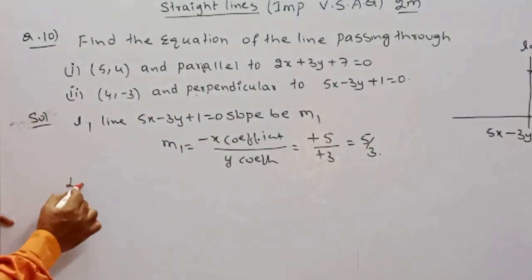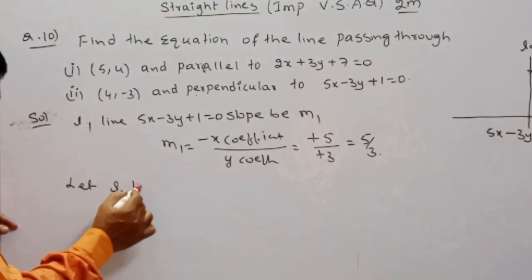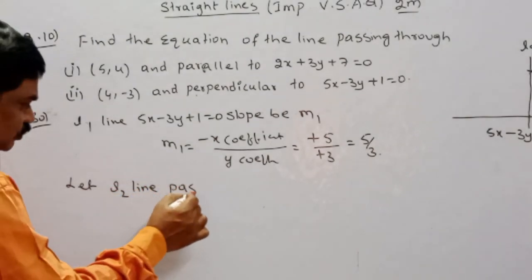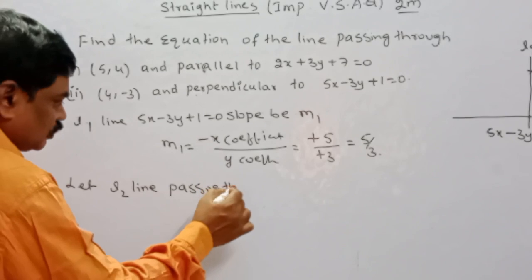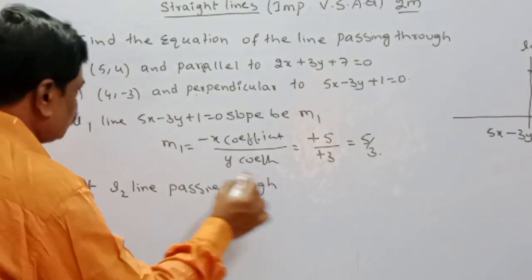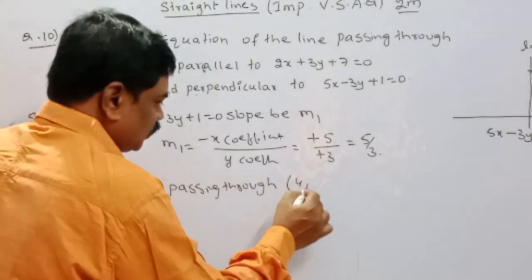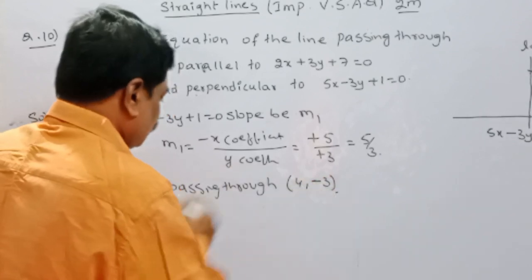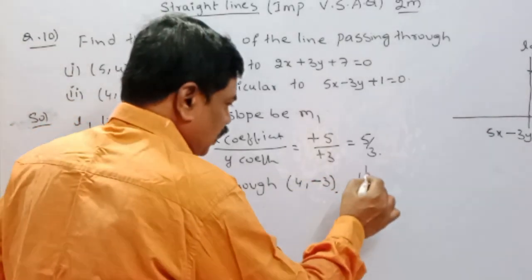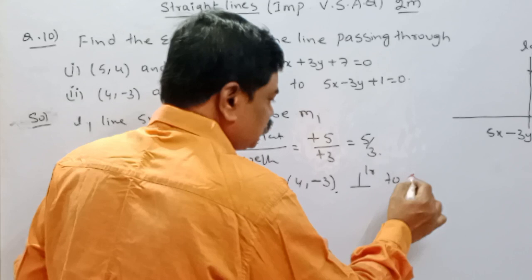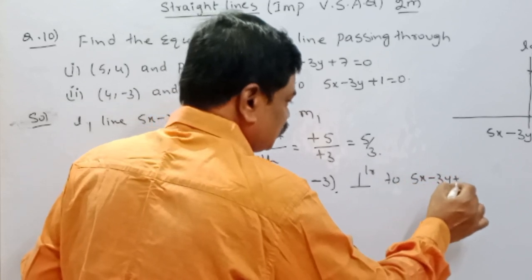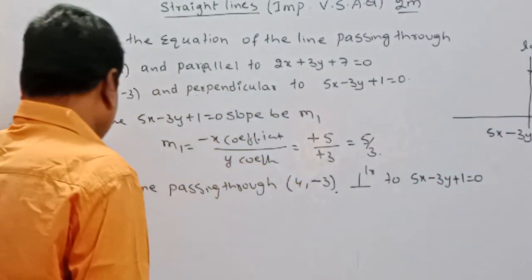Let L2 be the line passing through the given point (4, -3) and perpendicular to 5x - 3y + 1 = 0.